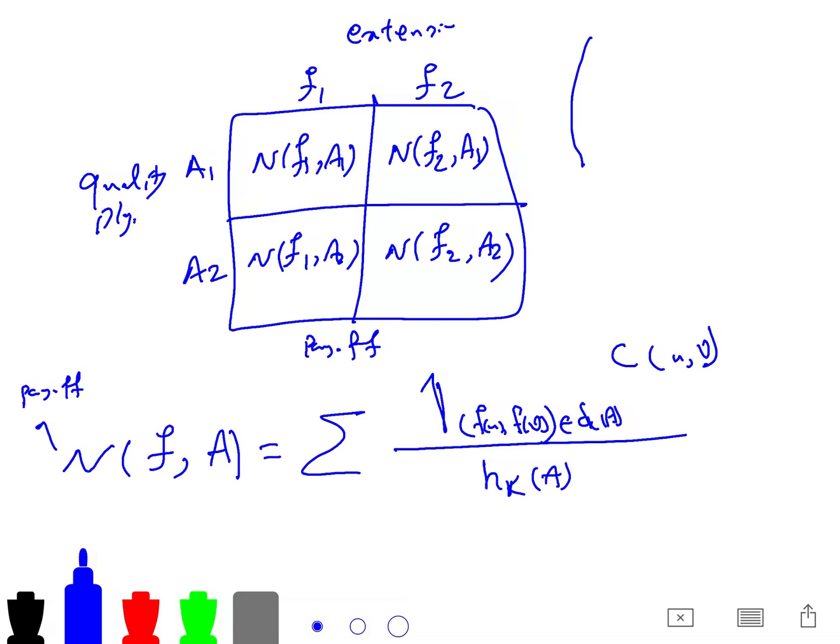So P1 doesn't like to have many crossing edges. I mean, the extension player doesn't like to have many crossing edges. But P2 loves to have many crossing edges to prove to the extension player that his extension is bad, is terrible.